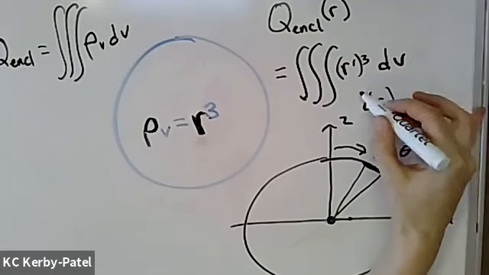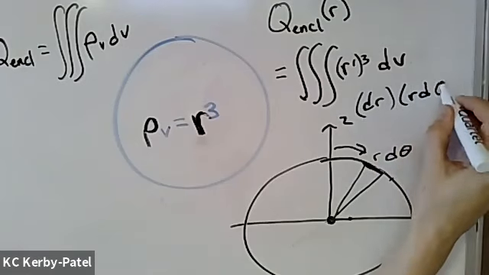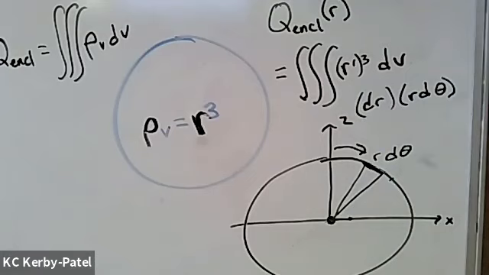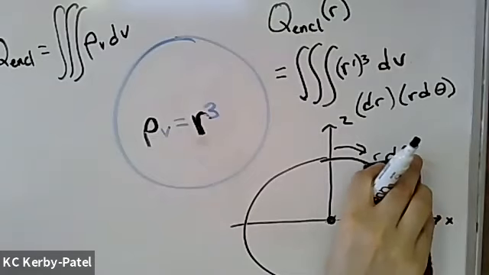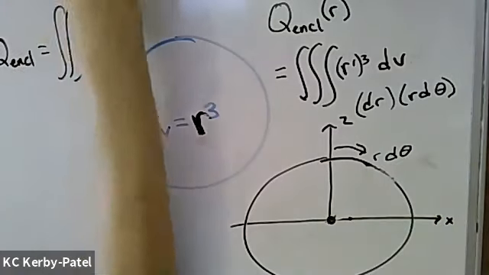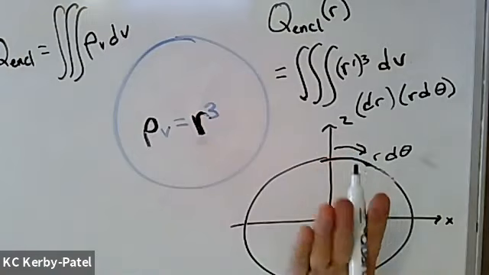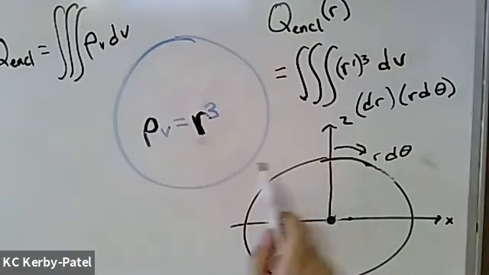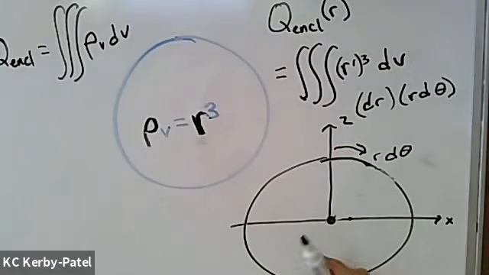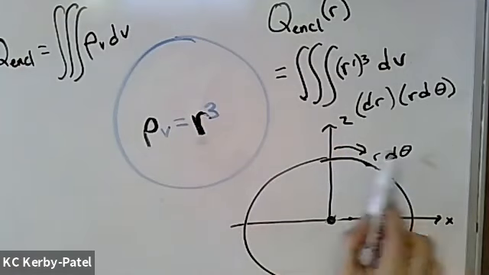So we have dr times r d theta. Now, imagine we take this circle in the xz plane and we were to rotate it around the z-axis. That's kind of what phi is doing. Phi is rotating around the z-axis, but at a constant value of z.